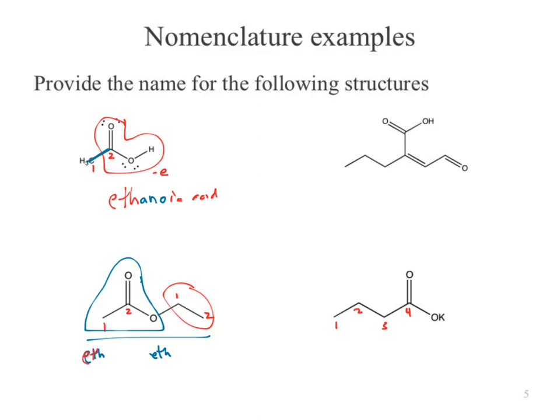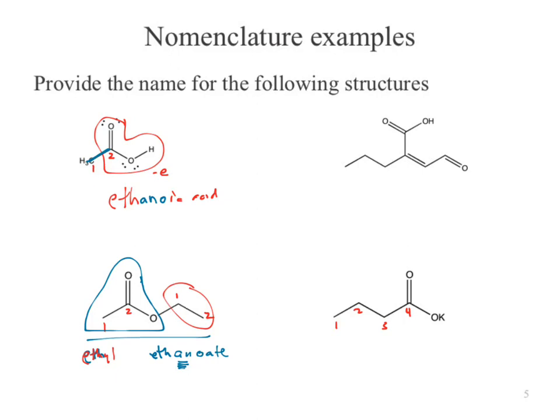That will then become our ethyl. Substituents always get included in front of the name, so it's going to be an ethyl, and now we have to name the rest of that. Well, it's an eth-. Again, single bonds, our hybridization, and our ester name was -oate. We get ethyl ethanoate. That wasn't the easiest one to say.